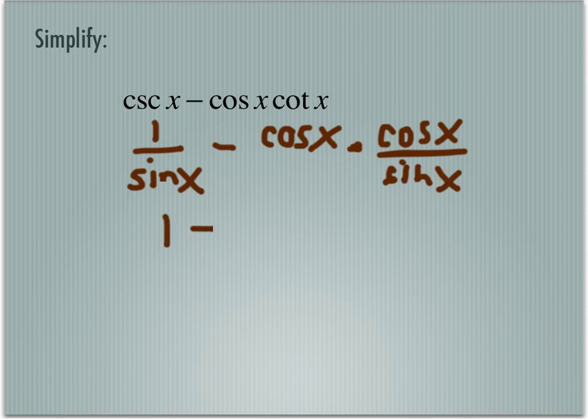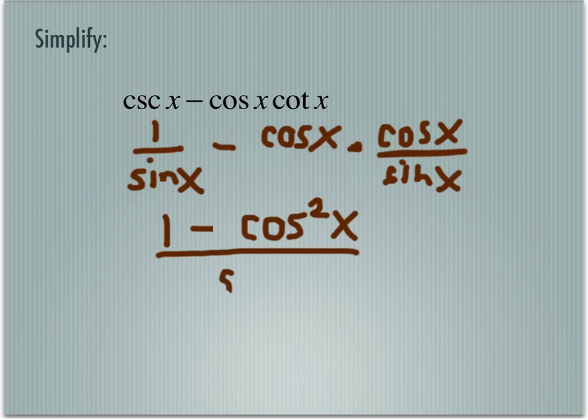So what I'm going to have is 1 minus cosine squared. Cosine times cosine is cosine squared. That's how I write that. And I'm going to have a common denominator of sine of x, so I can combine those together. Now, here's where knowledge of the Pythagorean identities can help you a bit.